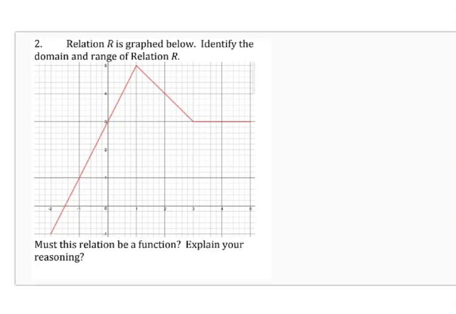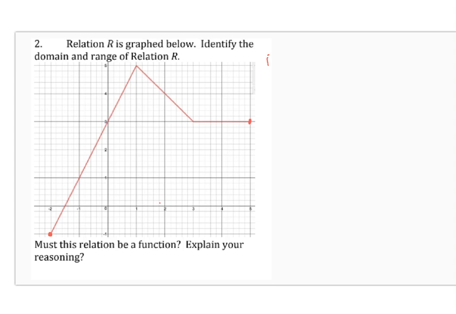Right. Problem 2, although the numbering here is going to be totally crazy, we've got this relation, and the first thing we have to do is identify the domain and range. There are a couple things that I'm going to take a look at. The first is that our graph stops before it goes off the grid in both places.